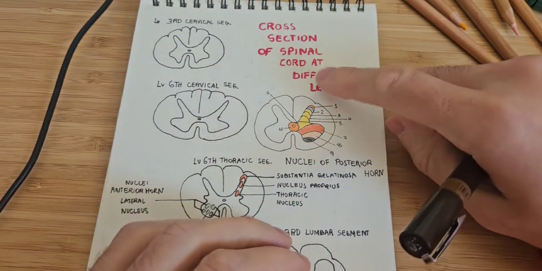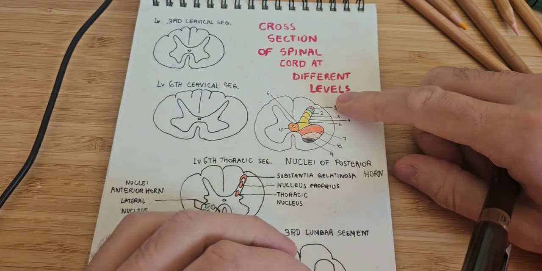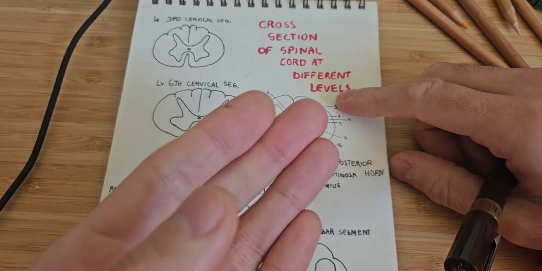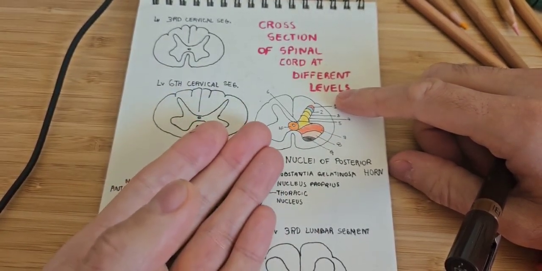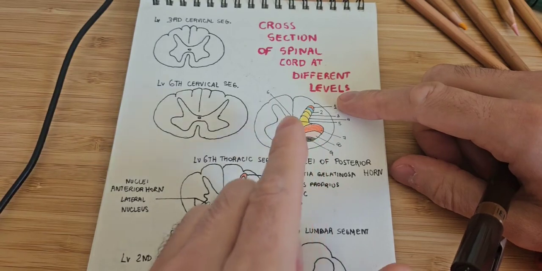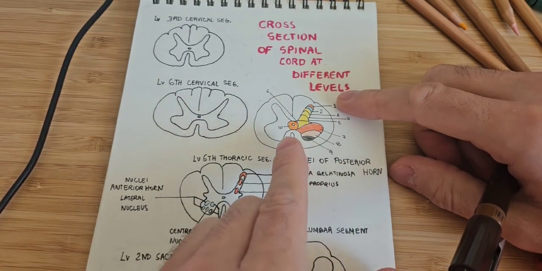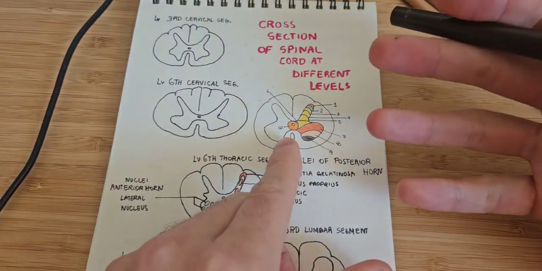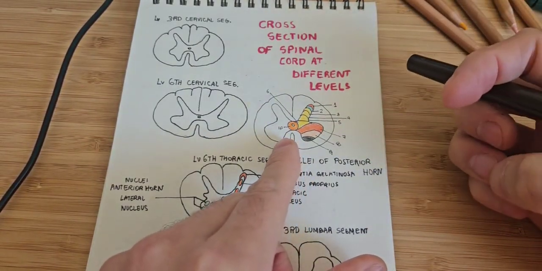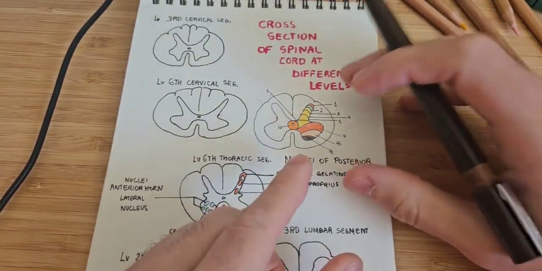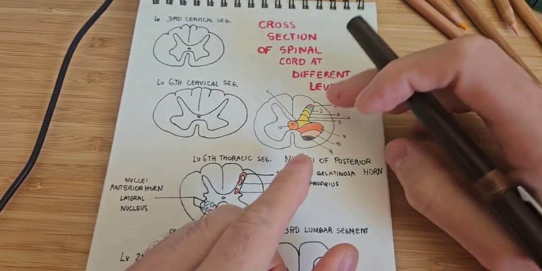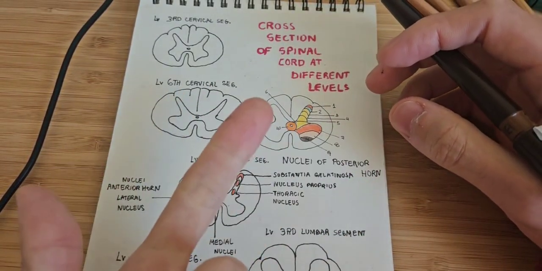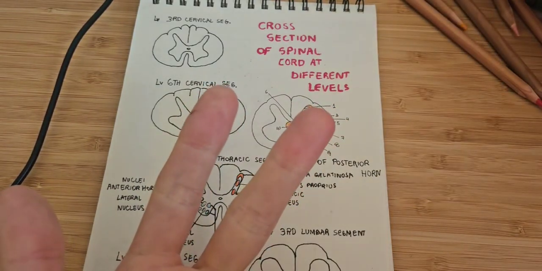Conditions affecting these regions often result in hyperalgesia, which means that the patient might present increased sensitivity to pain, or allodynia, which is pain from non-painful stimuli. Some examples of conditions that affect these two laminae: chronic pain disorders, spinal cord injury, and multiple sclerosis.